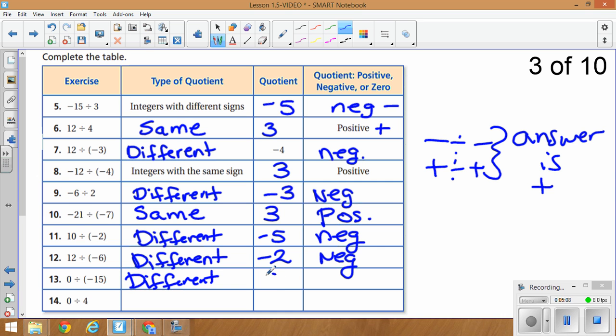The quotient is going to be 0 because I'm dividing 0. And the same goes for the last one. My signs are the same. The quotient will be 0 because 0 is being divided by 4.